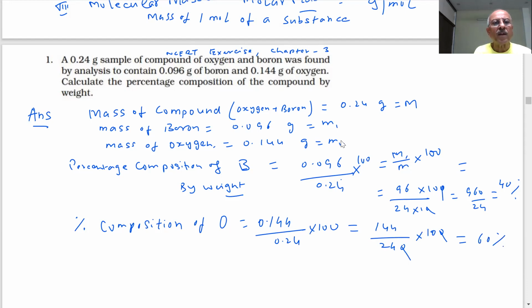So the compound contains 40% boron and 60% oxygen. This is how you write the answer, students. All right.